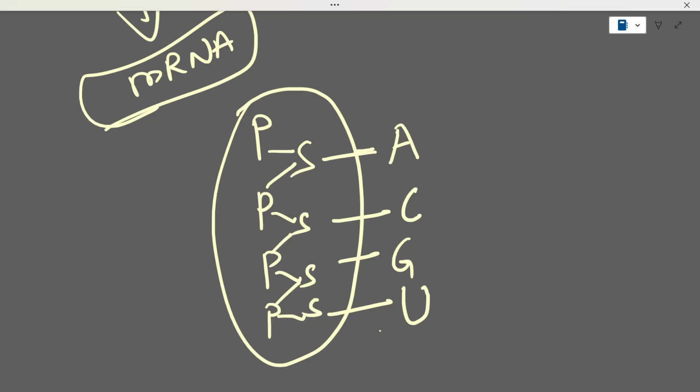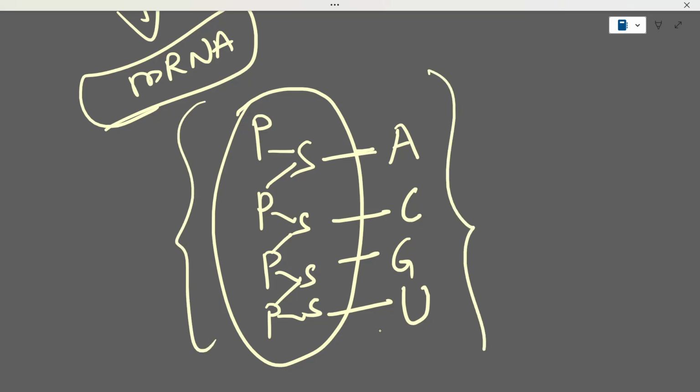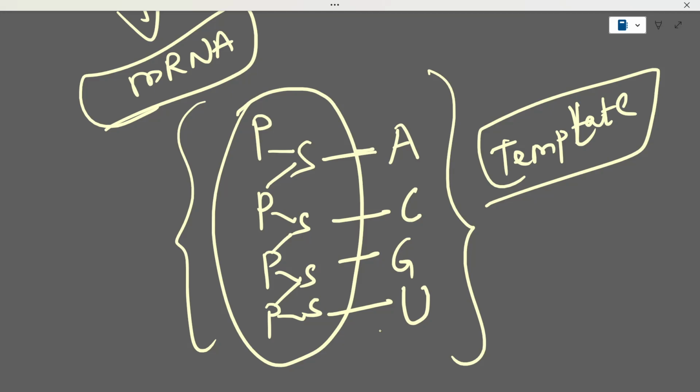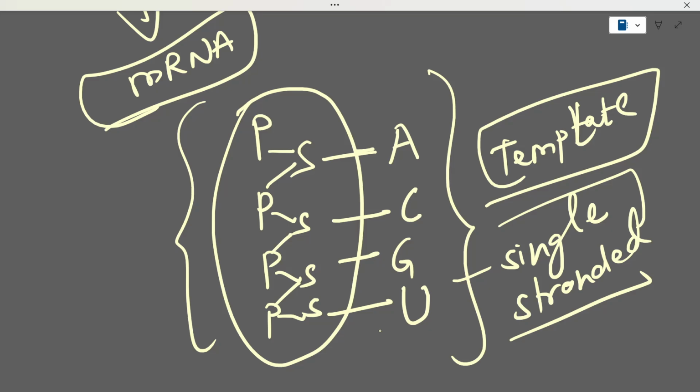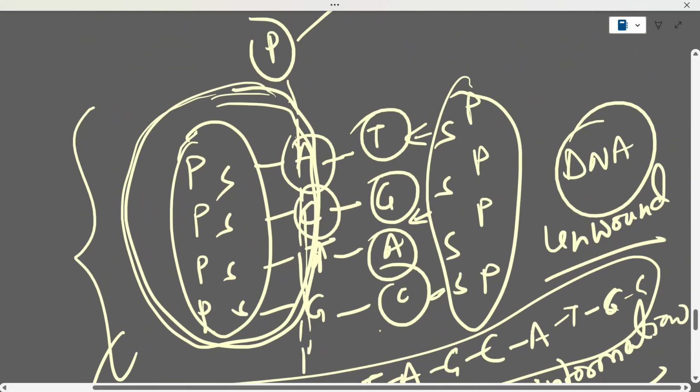So the structure of mRNA, the template, just a template, will be in this form, and it will also be single stranded as compared to the double stranded structure of DNA itself.